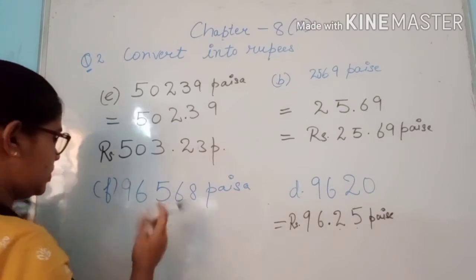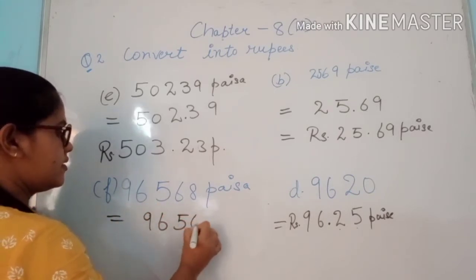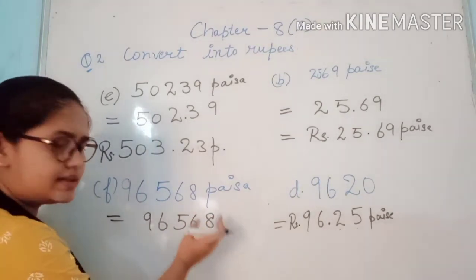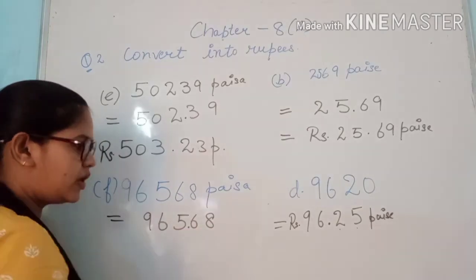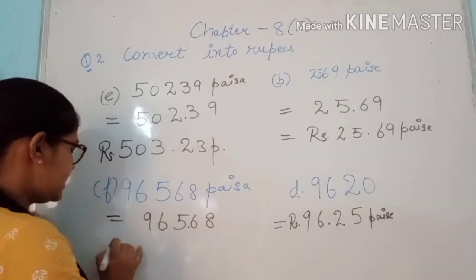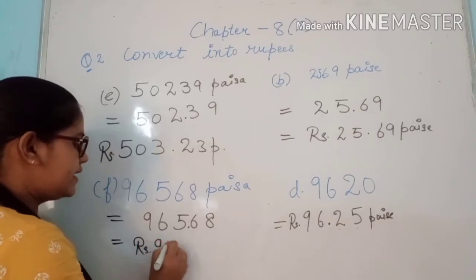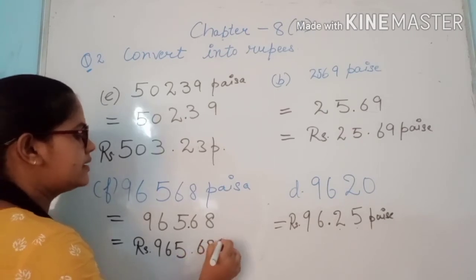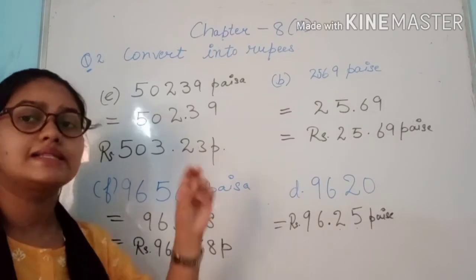So when we write it like this, see students, from the 2 digits, 1, 2, take a point. How will we read it? Rupees 965.68 paise. So we have done our second part also.